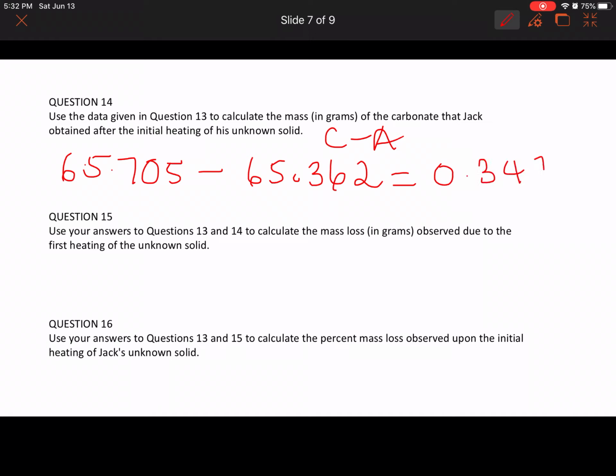That's 0.343, the mass of the carbonate after the first heat. Now we know the amount to begin with. Now we know the mass of the carbonate.